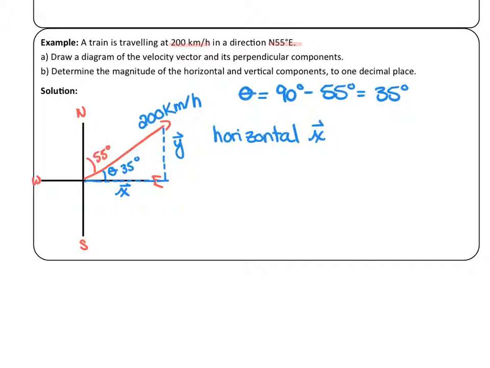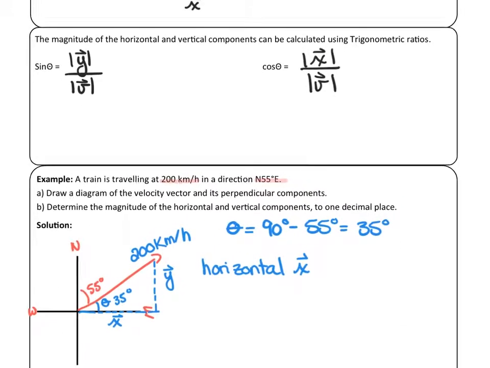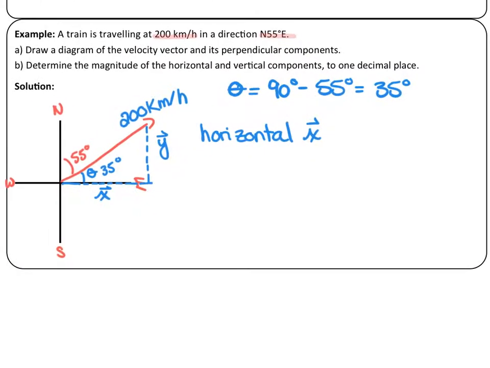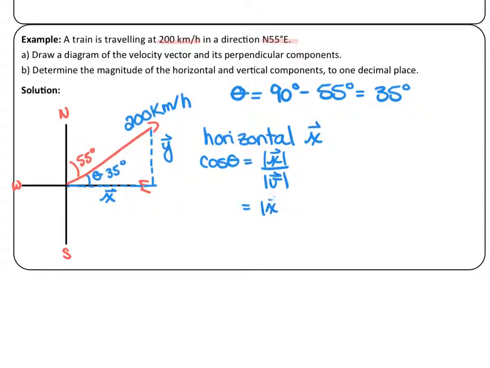If we use the formula up here, cos theta, sorry guys, cos theta was equal to the magnitude of x divided by the magnitude of our vector. In order to solve for x, I'm going to move the v up there.